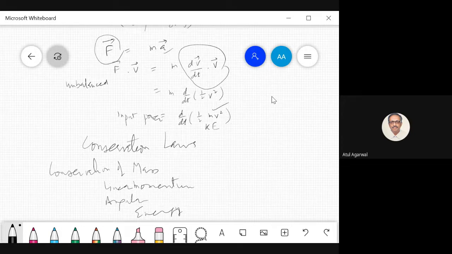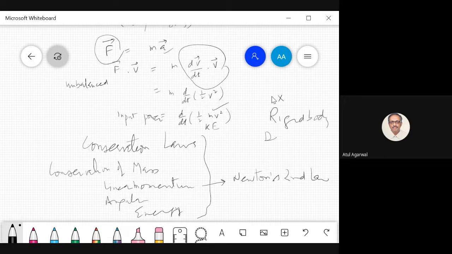So we have to deal with all of them. This is nothing but Newton's second law. Newton's laws are applied to a particle, rigid body, deformable solid. If you look at my lectures, all this is done already in YouTube lectures. And now in this course, you will see how they apply to a control volume.